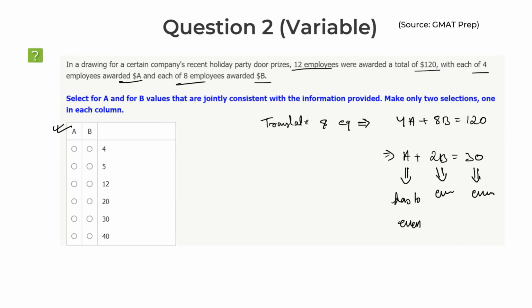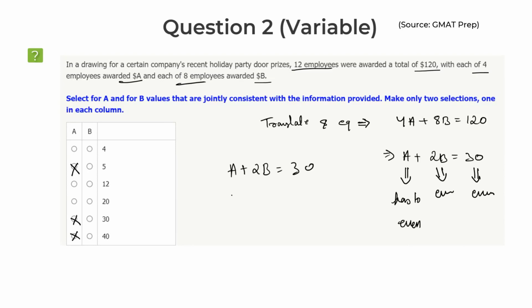And what this does for me is, because of this, I can eliminate some very obvious answers. For example, a equals 5 cannot be the answer. And because of this equation, a plus 2b equals 30, the value of a cannot be 30 as well. The value of a cannot be 40 as well, right?